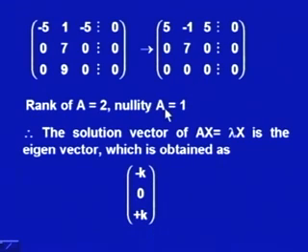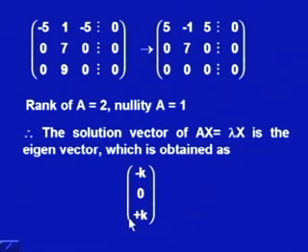So nullity is equal to 1. I can write the third variable as k. Then this equation will automatically be satisfied for y equal to 0, and y equal to 0 and z equal to 5 will give me x equal to minus 1.